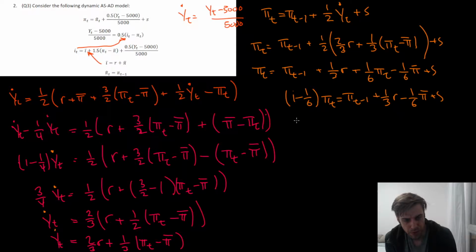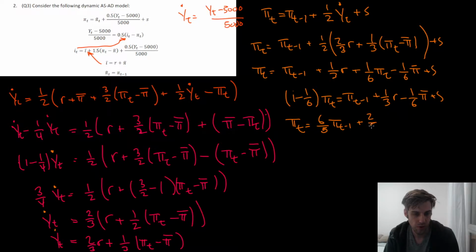And so I multiply everything by 6/5. So we're going to have 6/5 pi t minus 1 plus 6/5. 6 divided by 3 is 2, so we're going to have 2/5 r minus, 6/6 is 1, so 1/5 pi bar plus 6/5 s.